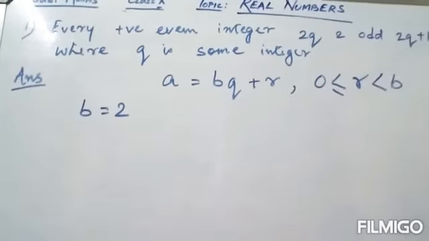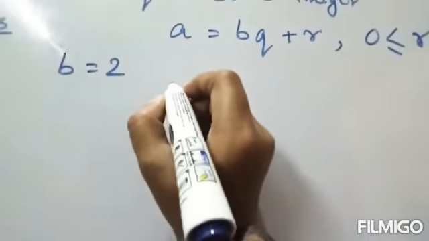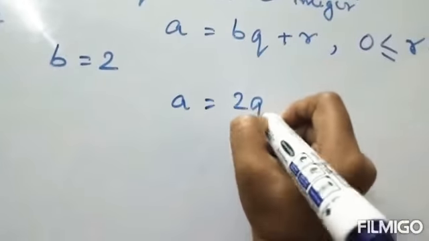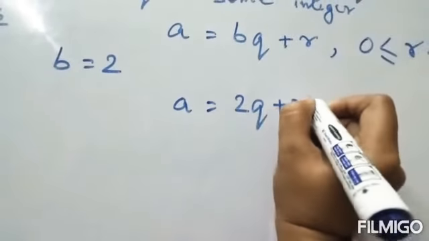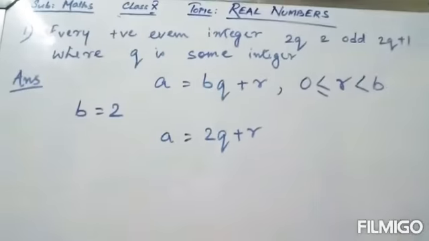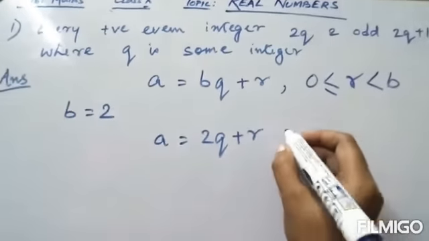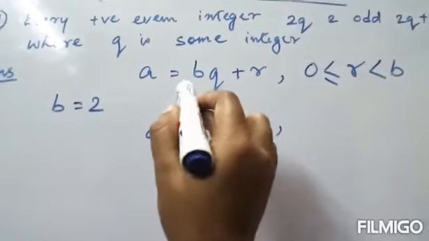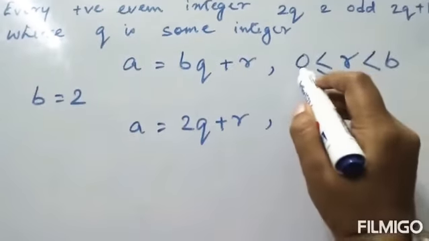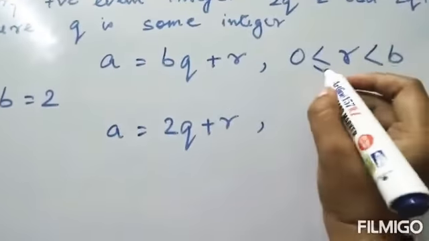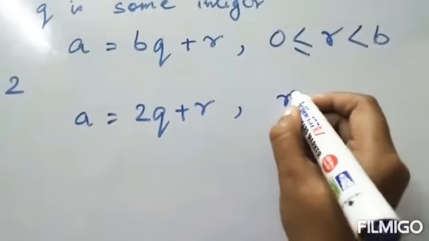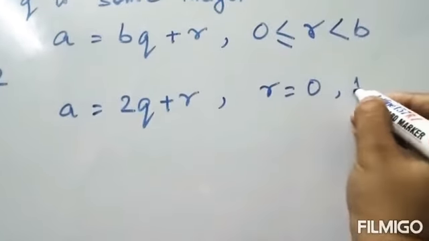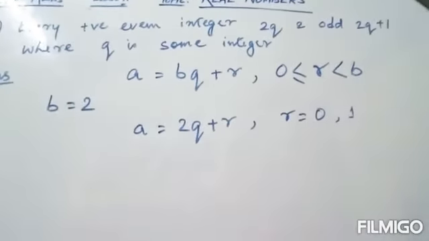So we can say that A is equal to 2Q plus R, right? Now what will be the value of R? Since B is equal to 2, R will be between 0 and 2, so R can be either 0 or 1.